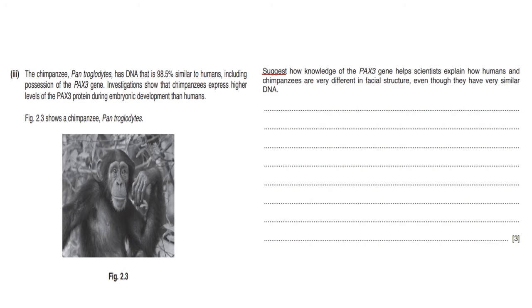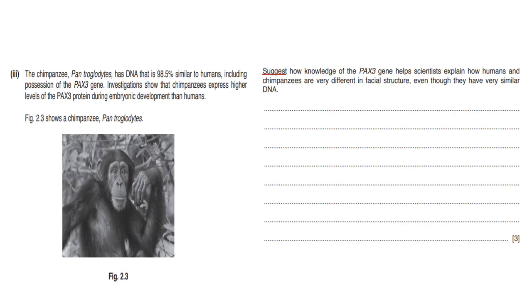Because the PAX3 controls so many other genes, it might then have a different effect in chimpanzees than it would have in humans. And also the fact that the PAX3 gene is higher in concentration in chimpanzees might then be the result for their eyes being close together, because remember it said when we were reading the question earlier that the PAX3 gene controls distance between the eyes.